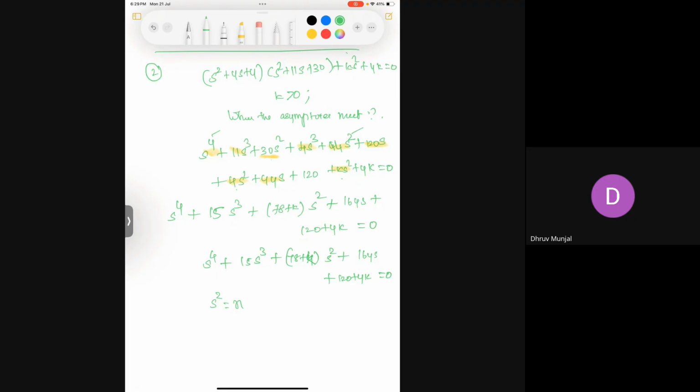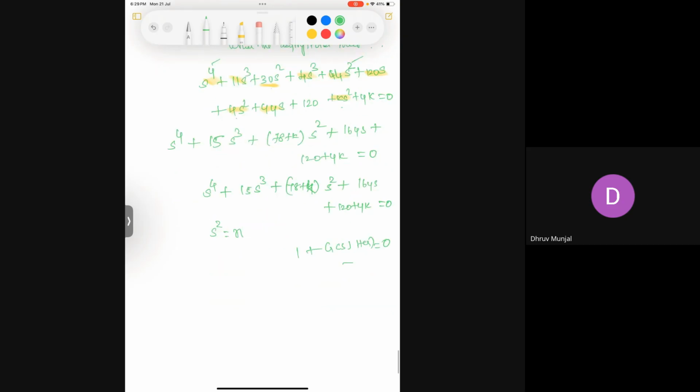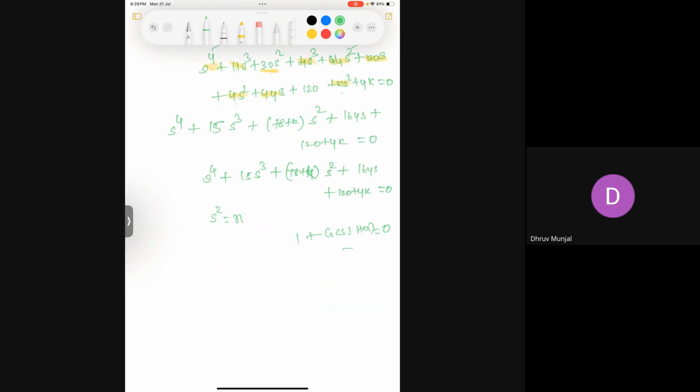Oh, we can do. Are you asking in terms of this? Yes. That you can do. Yeah, that is also a simple step. I didn't think about it. That's right. That way you can find it easy, right? Instead of doing all these things. Yeah, very good. We can take it in terms of that.